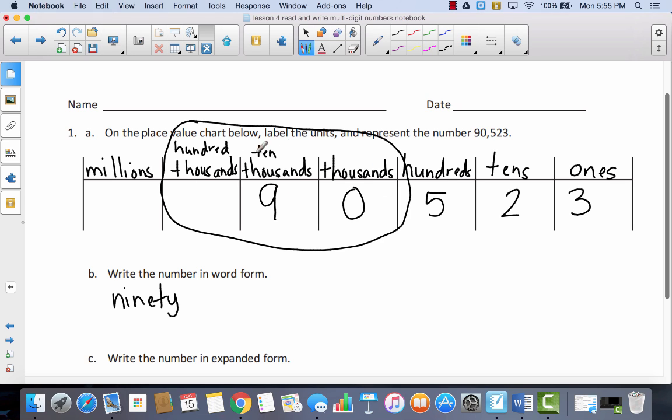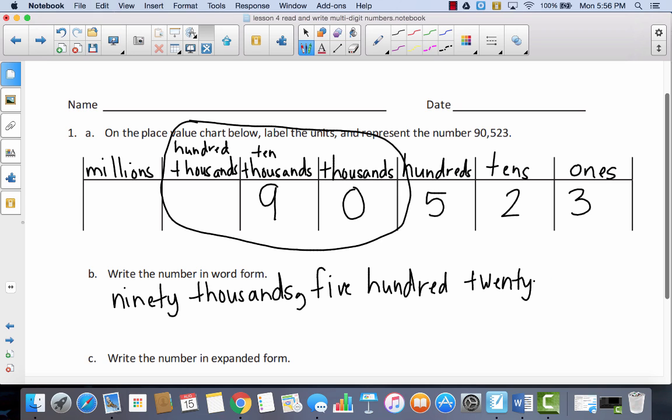These are all thousands. So I have 90 thousands. And since that's the end of the thousands, I have to put a comma. And then I read this 523. So I have 523. And 23 is a hyphenated word.